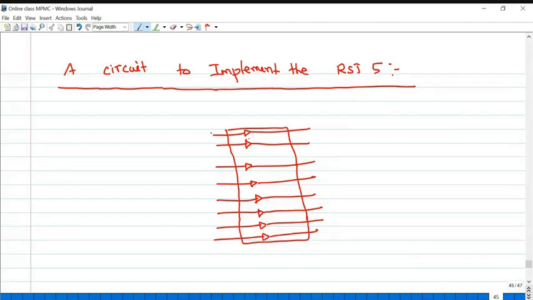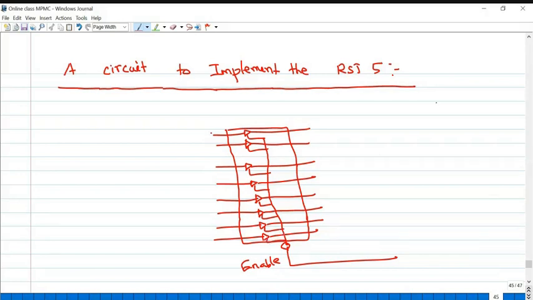So like this, one circuit will be there. So this is the tri-state buffer.